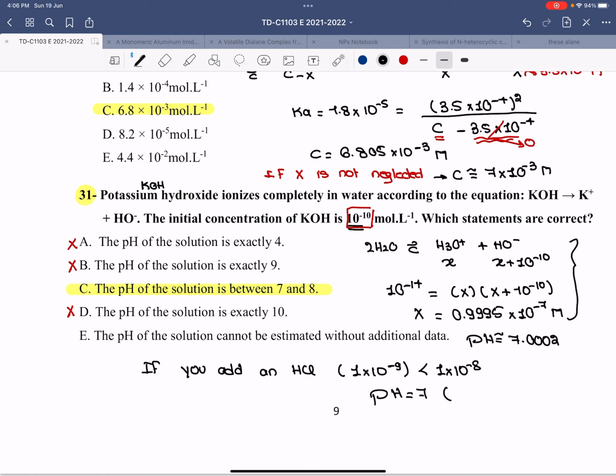In reality, when you forget validity and actually calculate it, you will find that the pH is slightly lower than 7, 6.999 something. Because when you only have autoionization of water, you have 7. Add a little acid or a little base and you go slightly below 7 or slightly above 7. You add a considerable amount of an acid or a base, you go way below 7 or way above 7.